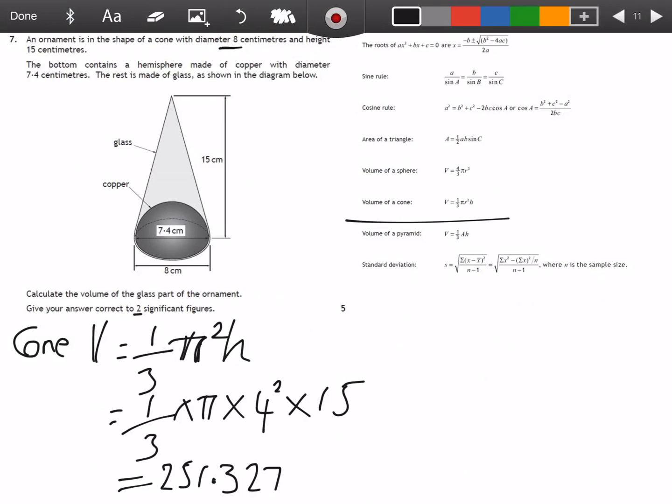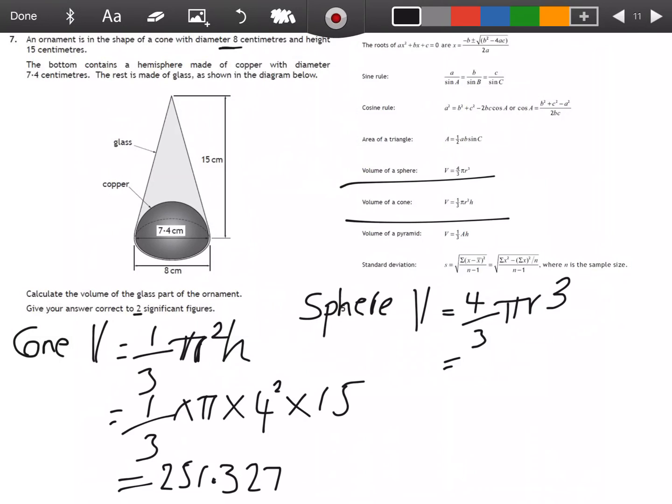Now I'm going to work out the sphere. Remember, we have the volume of a sphere, not a hemisphere. We'll work out the volume of the sphere and halve it. There's the sphere there: 4/3 pi r cubed. Remember, this works out a full sphere. We only have a hemisphere. So it's 4 divided by 3 on your calculator.